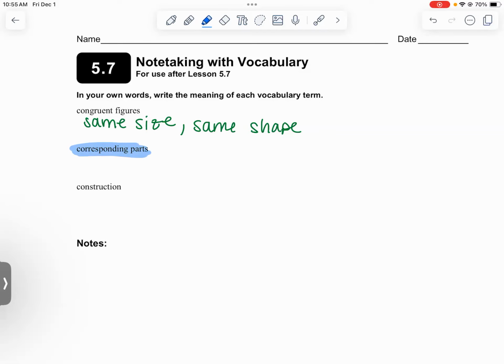Okay, so this is one of the reasons we're going to need to use CPCTC. Anybody want to guess what it means? Corresponding parts, corresponding.